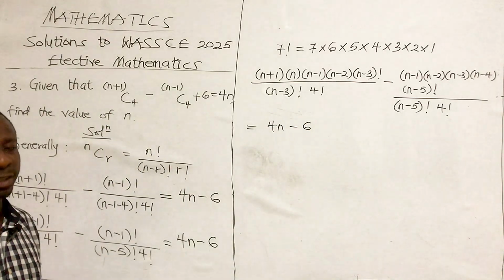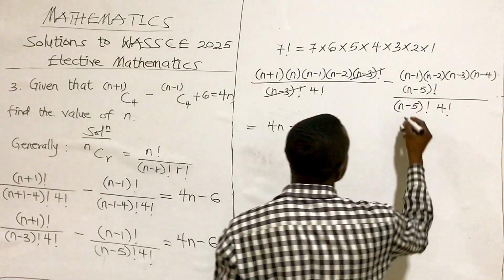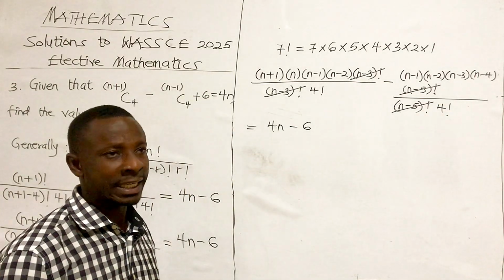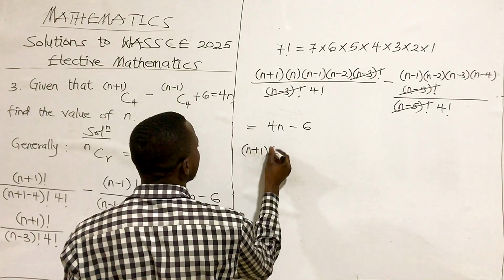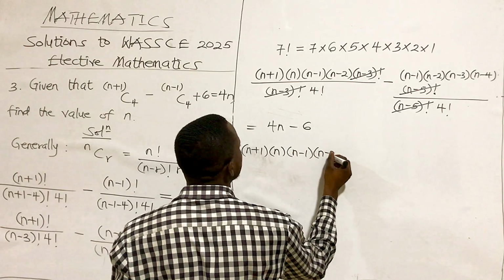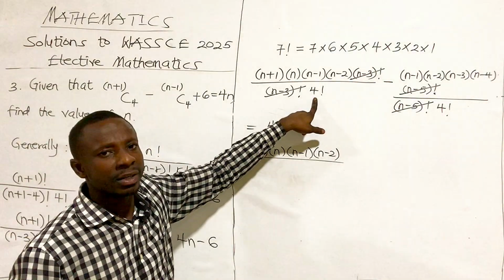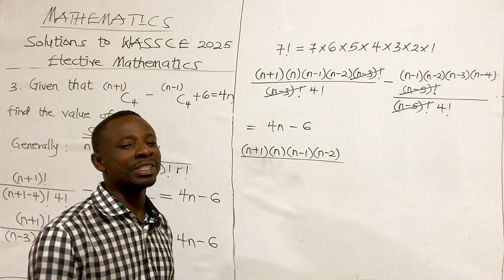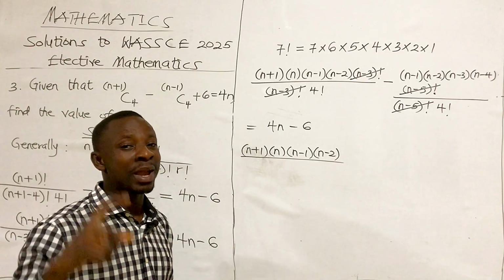So from here, let's do the cancellation. This can't cancel this. And again, this can cancel this. So now let's look at what we are going to get next. So we have n plus 1, n minus 1, n minus 2, all over 4 factorial. And we know that 4 factorial is, you can use the calculator to help me. What did you get for 4 factorial? We have 24.